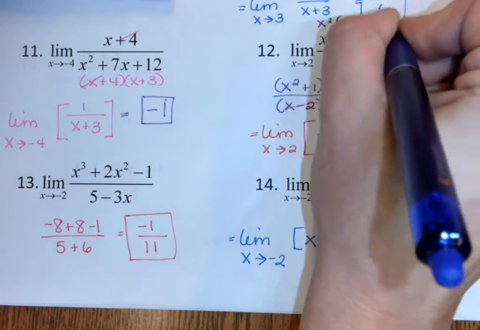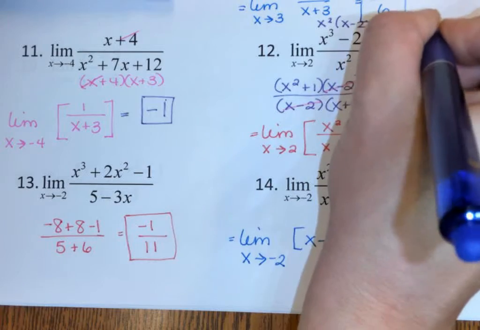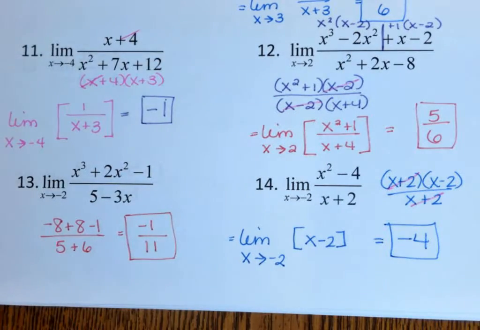X minus 2, GCF here 1. Oh dear Lord. It would work, yes, ish, but it's annoying. All right. Take a look at those. Let me know if you've got questions.